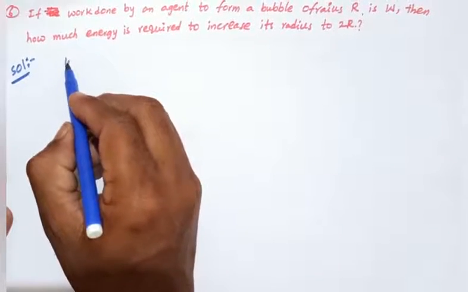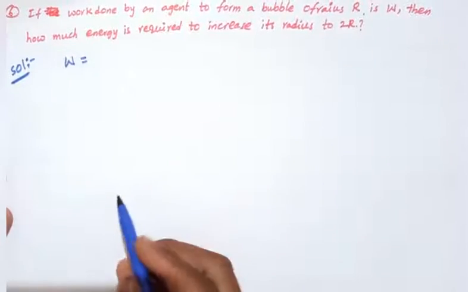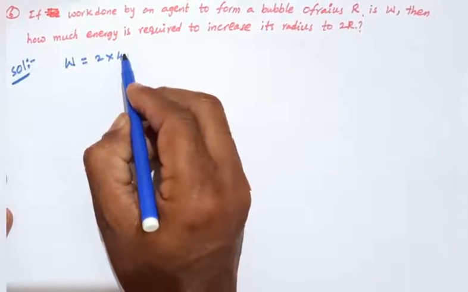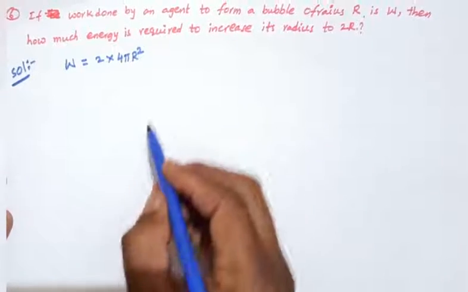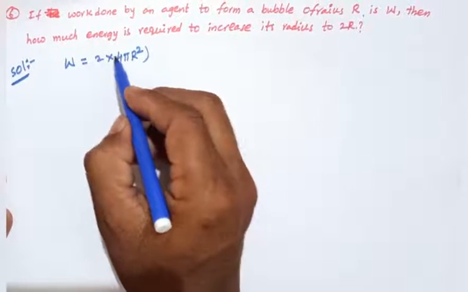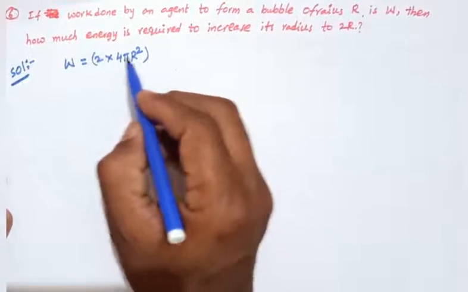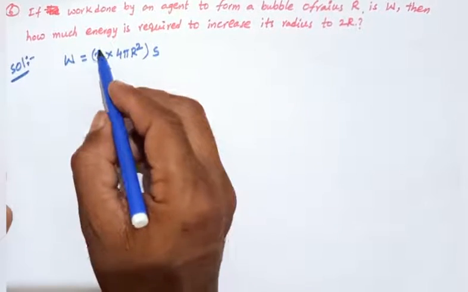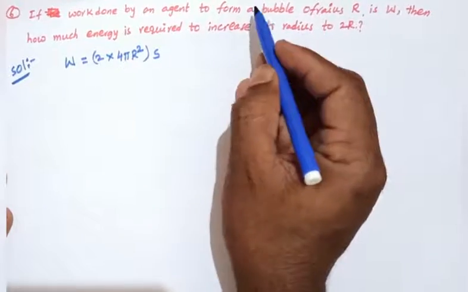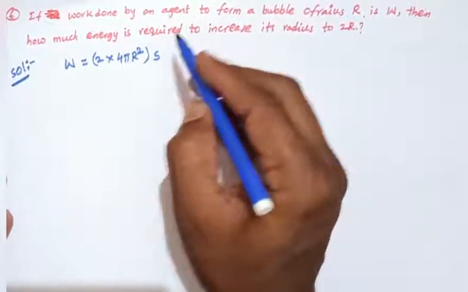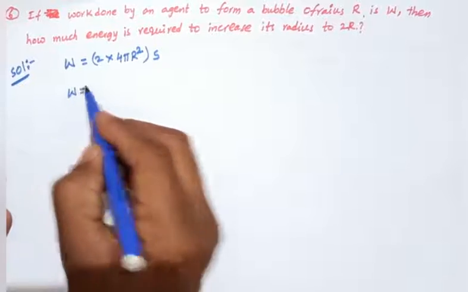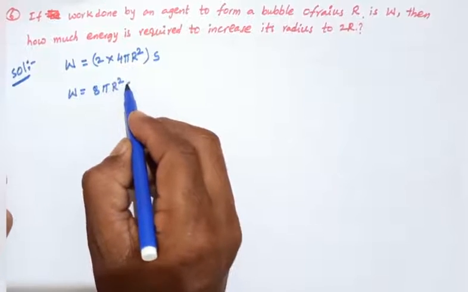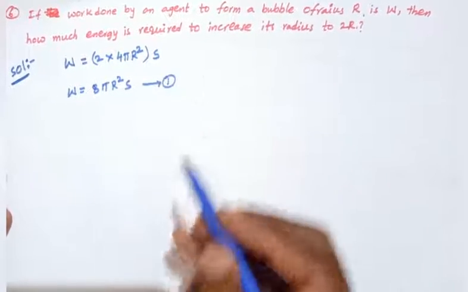The soap bubble is blown, the work done W equals 2 times 4 pi R square, where radius is R, into S. S is the surface tension. Okay, so why is it taken 2 times? It is inside and outside, 2 interfaces. So then the work done W equals 8 pi R square S. So this is equation number 1.